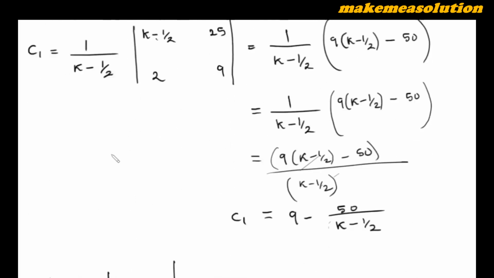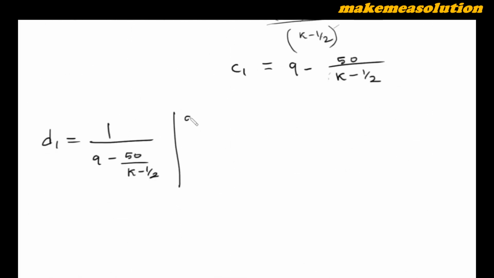So what I have is (9 minus 50) all over (k minus half), and I still have my (k minus half), and I have 0 and I have 25. So D1 is now going to be what? If you solve this matrix very carefully, this is what you observe.